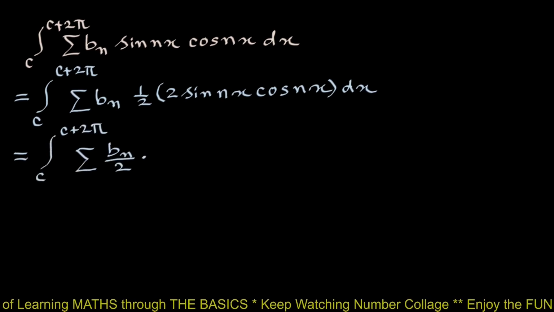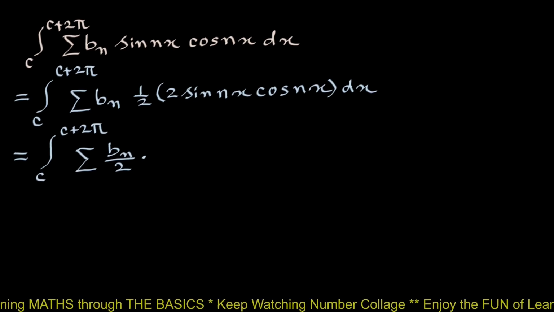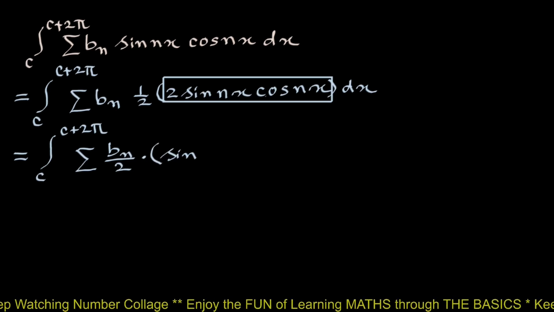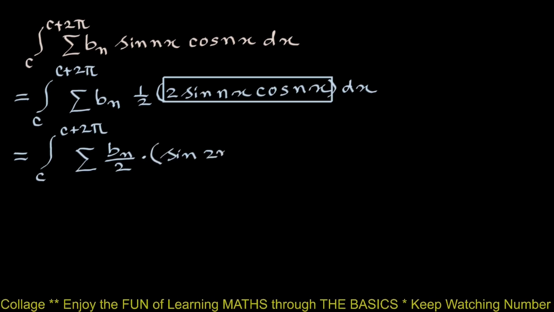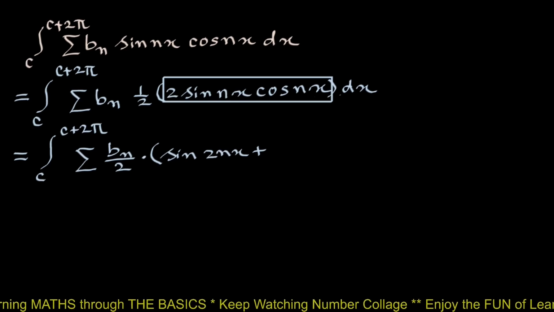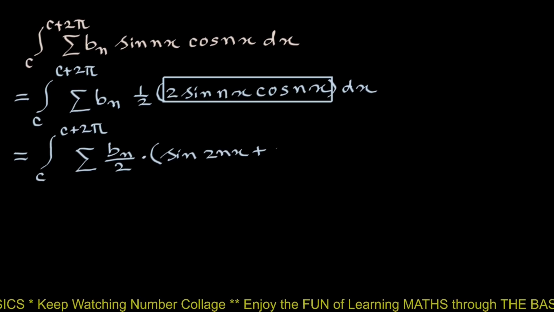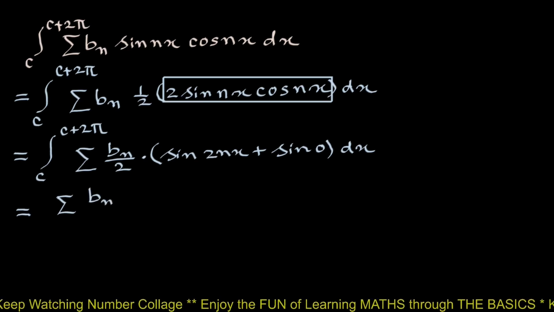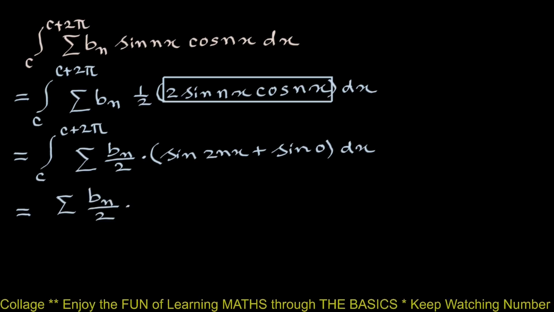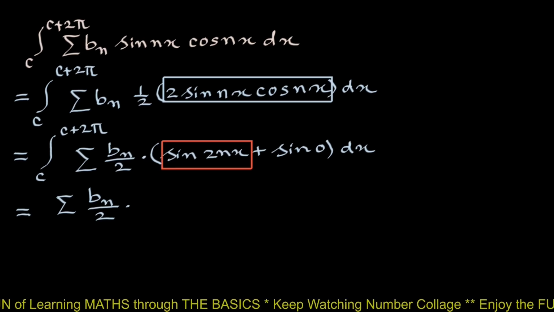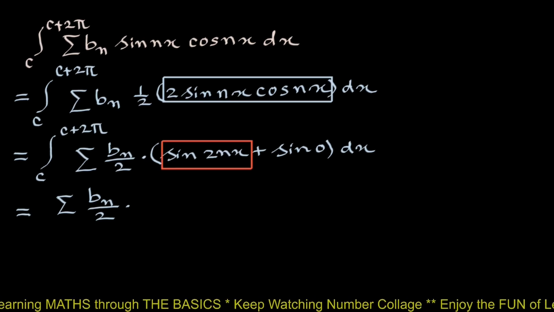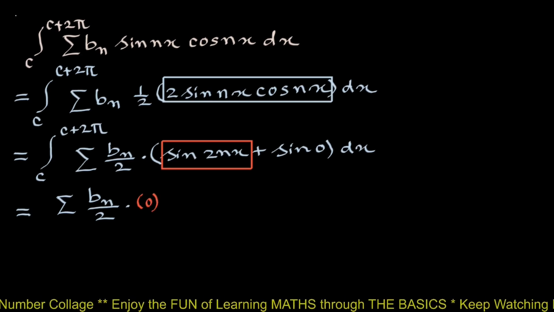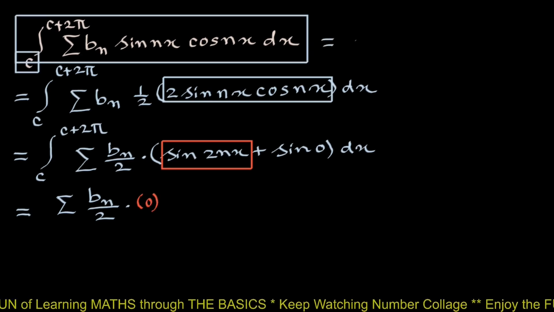By defactorization formula, we write this 2 sin nx cos nx as sin(nx plus nx), that is sin 2nx, plus sin(nx minus nx), sin 0, dx, which is summation bn upon 2 into, we have already seen integral sin 2nx dx from c to c plus 2 pi is 0. Therefore, this second integral is also equal to 0.